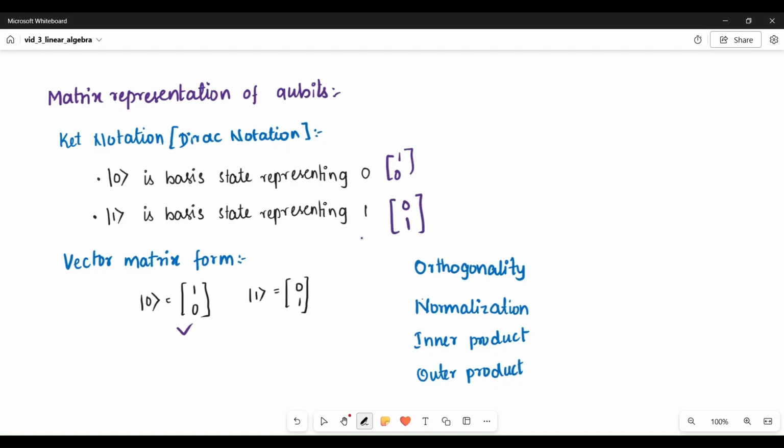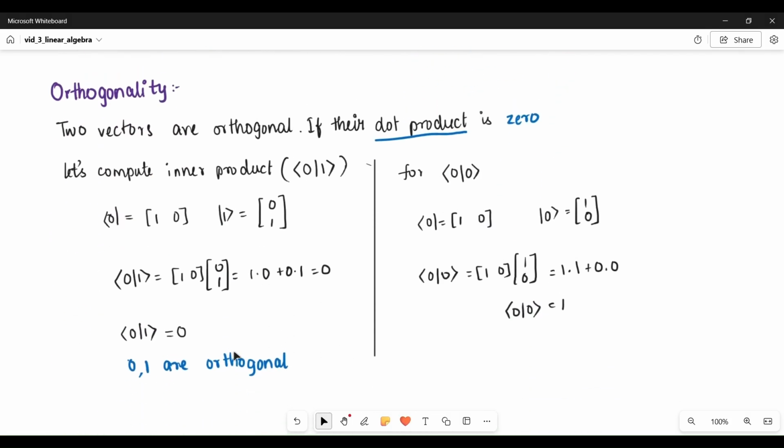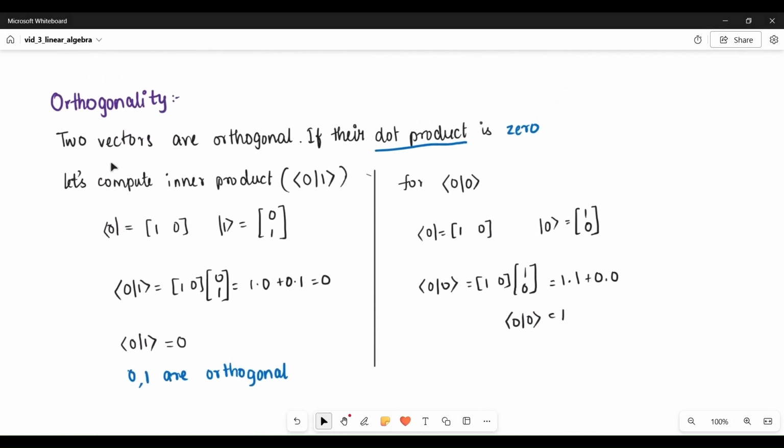We have seen the vector form, and we have four conditions to satisfy for a quantum state: orthogonality, normalization, inner product, and outer product. Firstly, let's see orthogonality. Two vectors are orthogonal if their dot product is 0. We have 0 and 1, which are orthogonal.